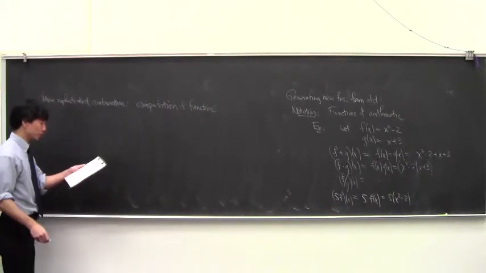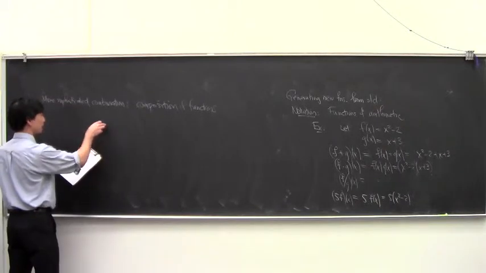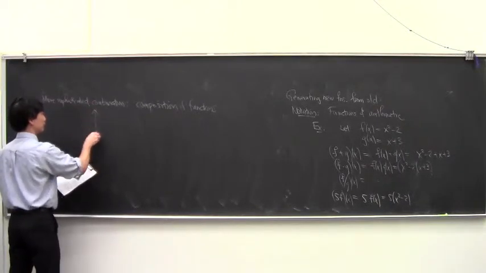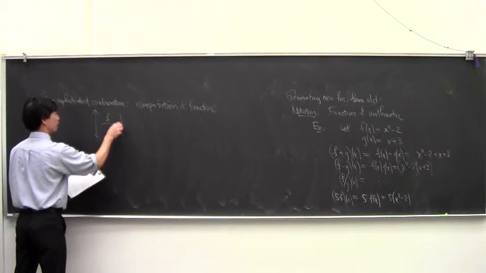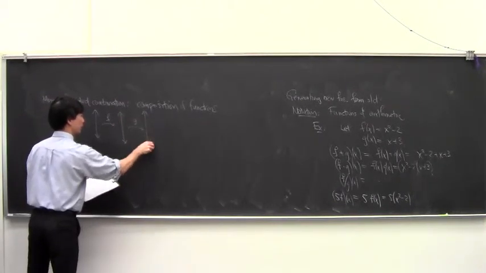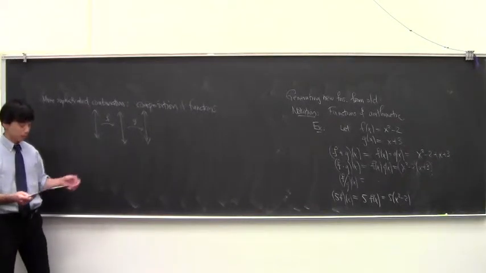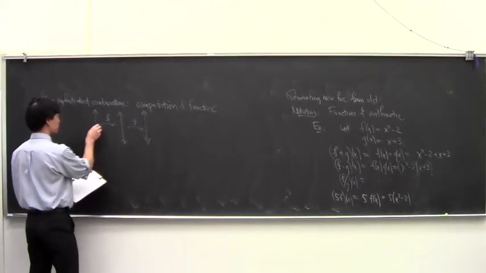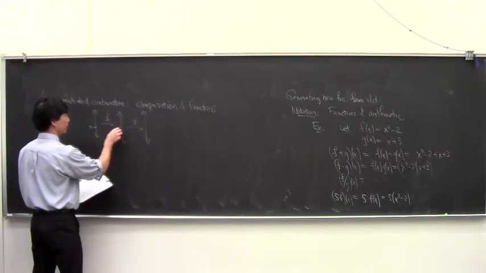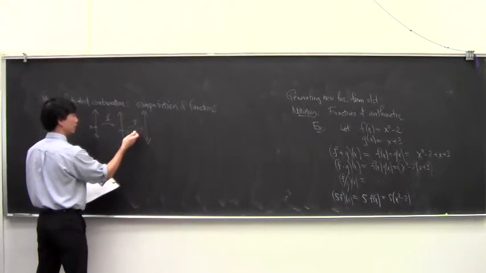Basically, you have two functions, f and g, and you apply them in succession. You take x and apply f to it, and you get f of x.